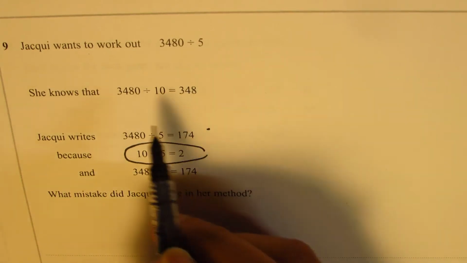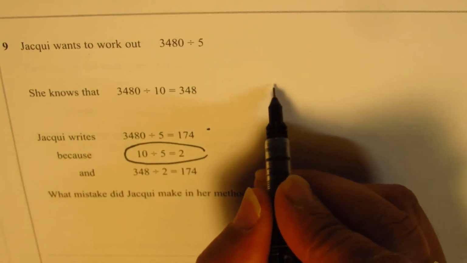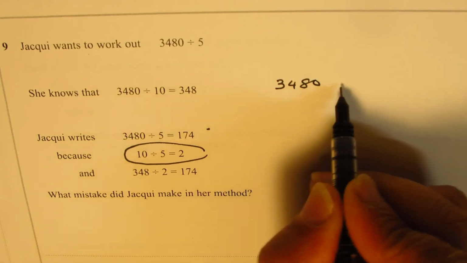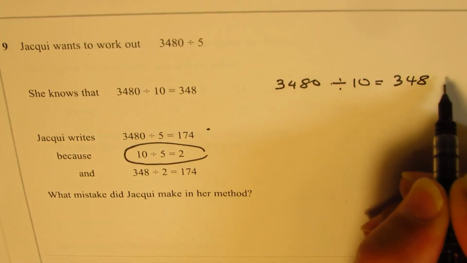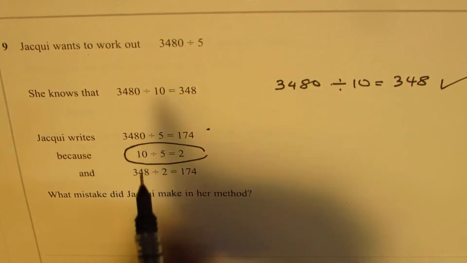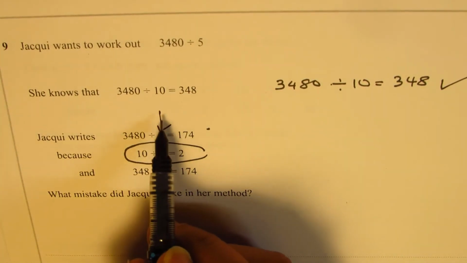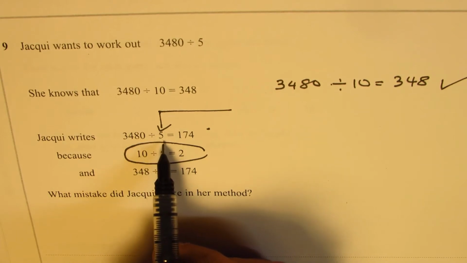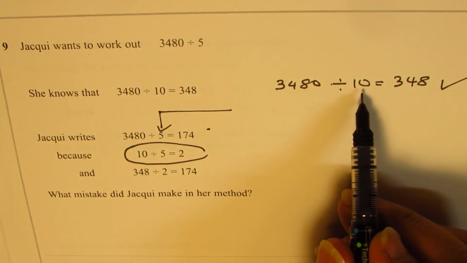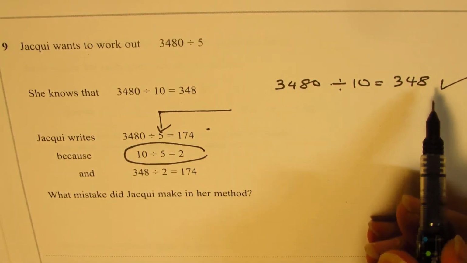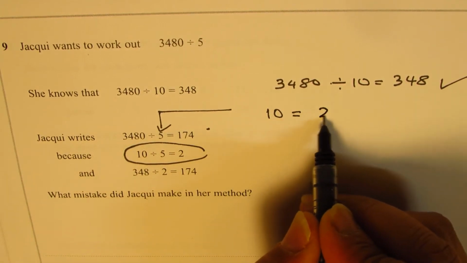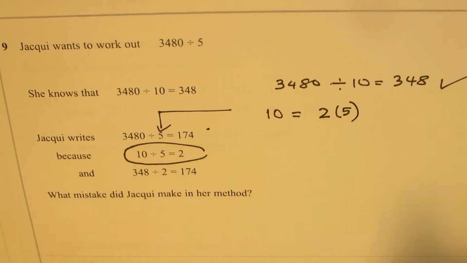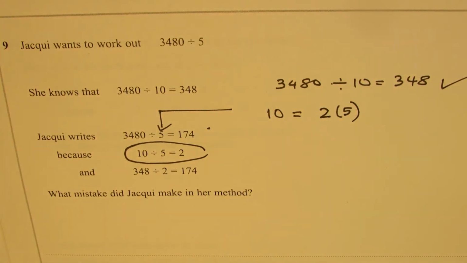The thinking is this step, right? So basically what we are doing here is we know 3480 divided by 10 is 348, right? That is correct. Now when you're dividing by 5, then basically you're not dividing by 10, you should be 2 times, correct? So 10 is equal to 2 times 5. Right? 10 is 2 times 5, correct?